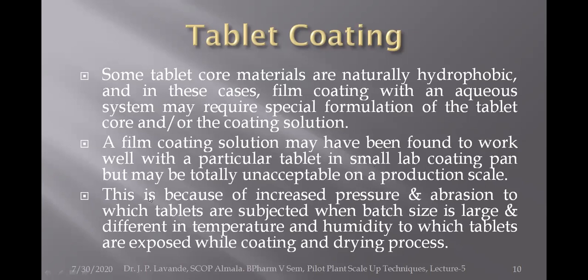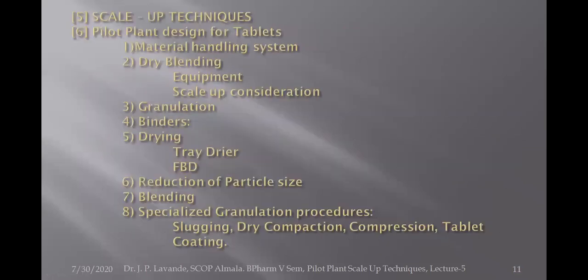So that's why this is because of the increased pressure and abrasion to which the tablets are subjected when batch size is large, and the difference in temperature and humidity to which the tablets are exposed while coating and drying. The conditions are different from lab, from institutional to the commercial one.